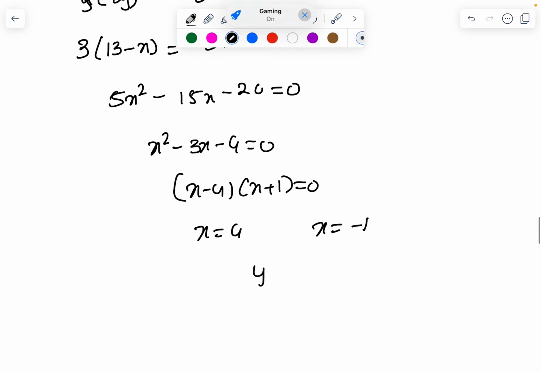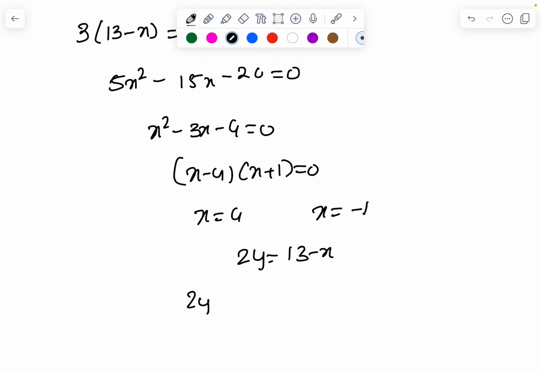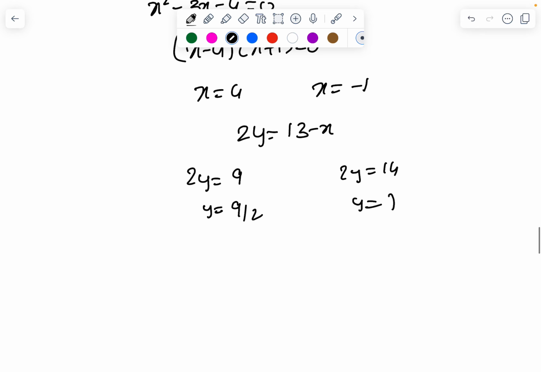Now 2y equals 13 minus x. So 2y equals 9, y equals 9 by 2. 2y equals 14, y equals 7. So the points are (4, 9/2) or (-1, 7).